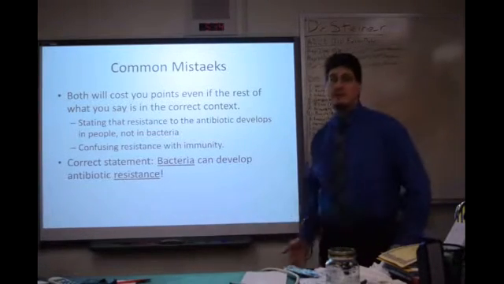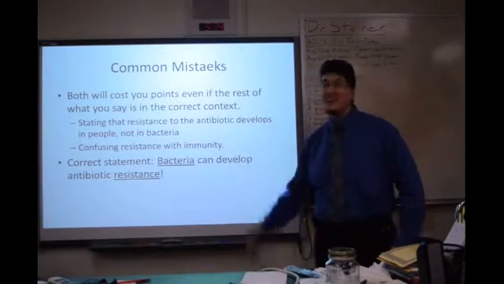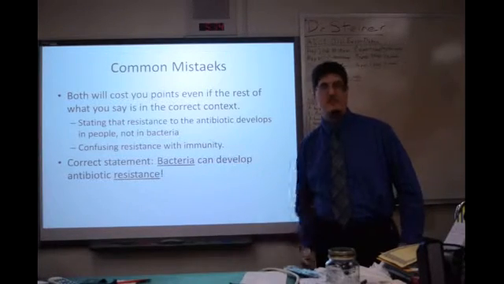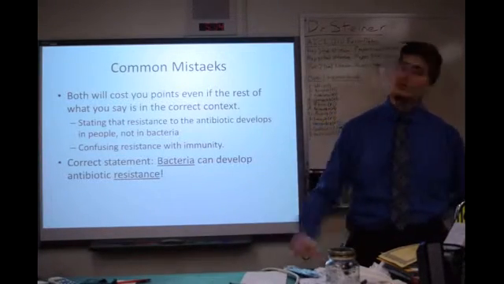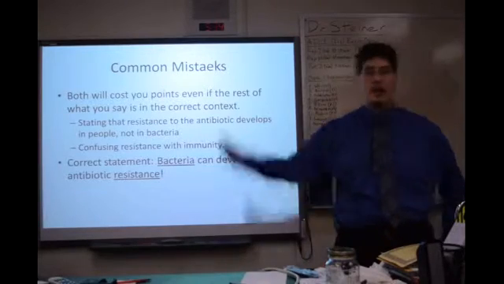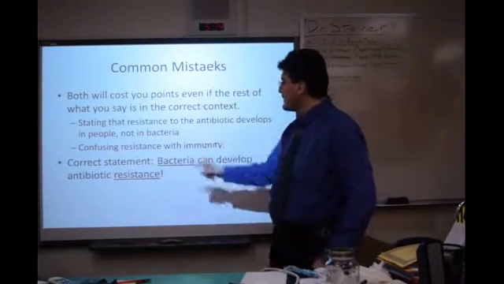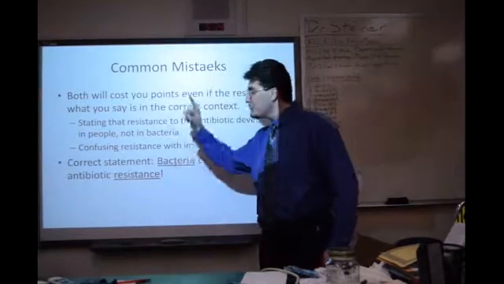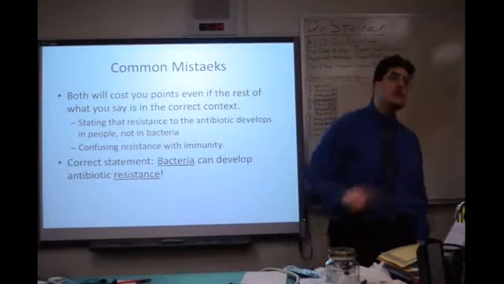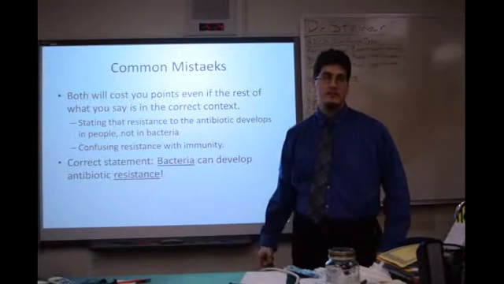It's not immunity. It's just harder to kill them. Resistance. They resist dying, but they are not immune to death. No one is. So bacteria can develop antibiotic resistance. That is your correct statement. Do not make these mistakes.